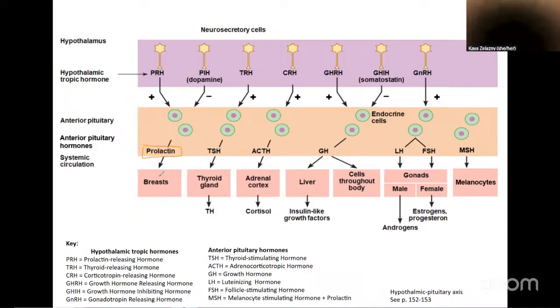We don't see another hormone. And then our melanocytes affected by the melanocyte stimulating hormone. We don't have another hormone that's being regulated at the end of this pathway. But otherwise, we've got more hormones in all these pathways. So those ones coming from the anterior pituitary would themselves be considered tropic hormones.